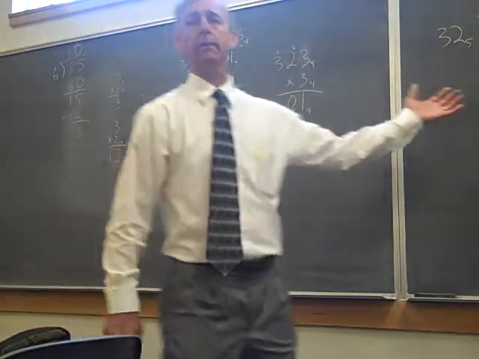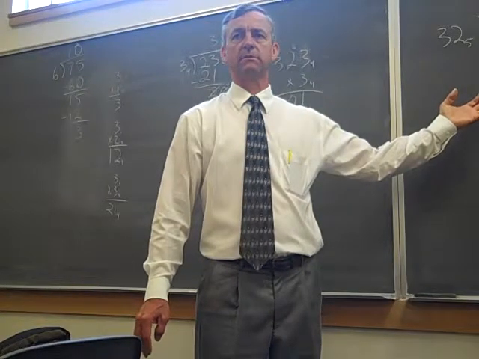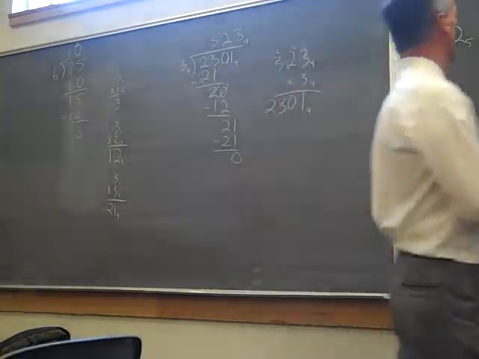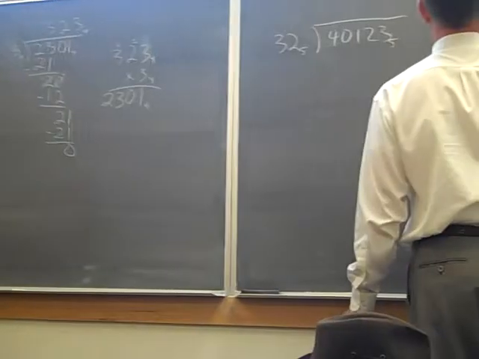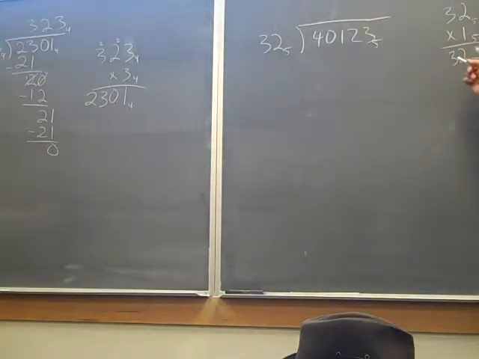So what should we start out by doing here? Your times tables. I don't know that you need to write this first one down, because anything times 1 is itself, right?